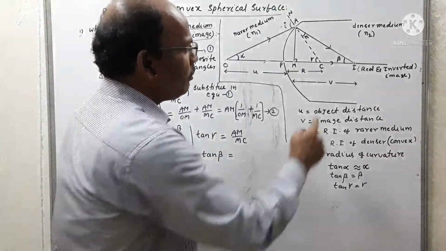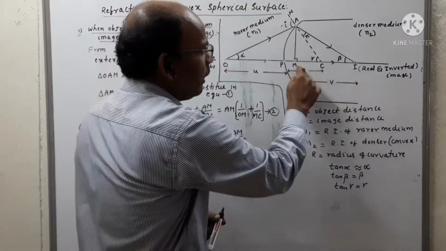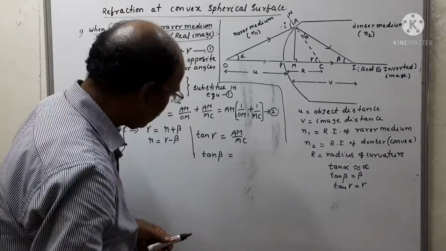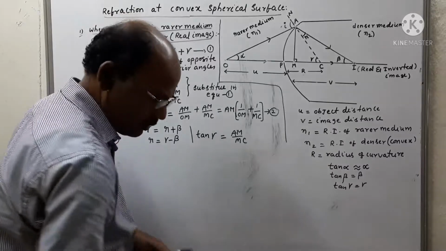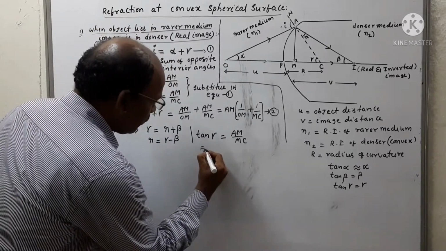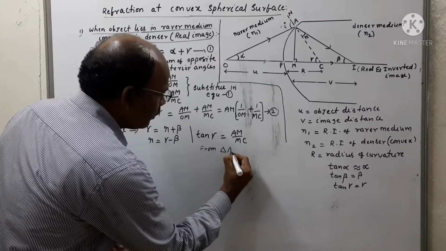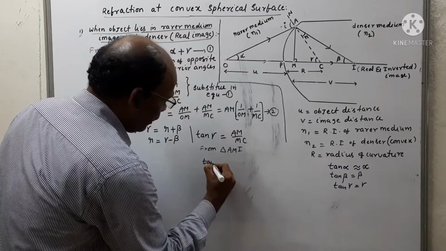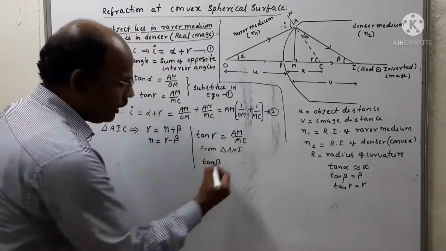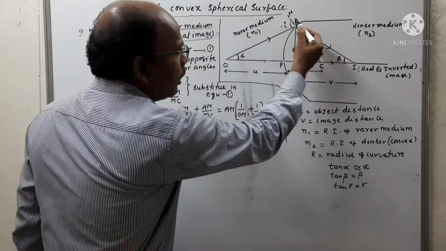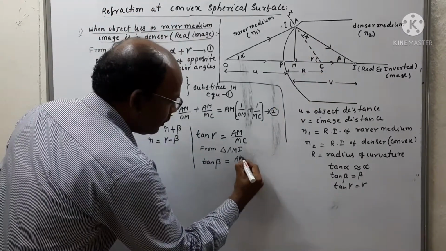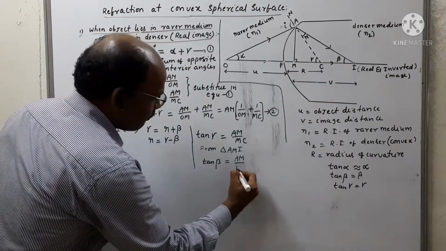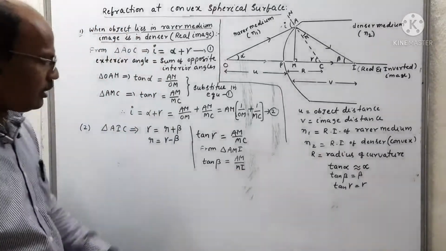So tan beta is measured from triangle AMI. Tan beta is equal to again opposite side by adjacent side. So AM opposite side and adjacent side is MI. So this is tan beta.